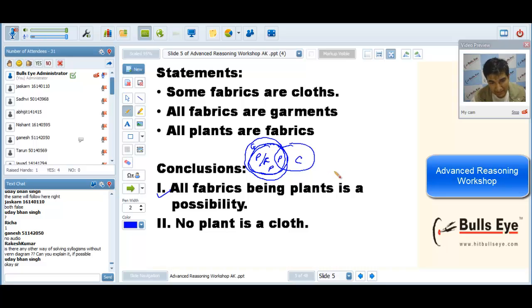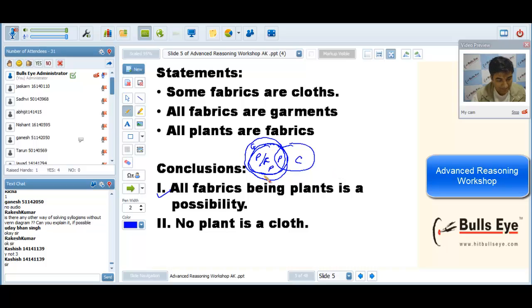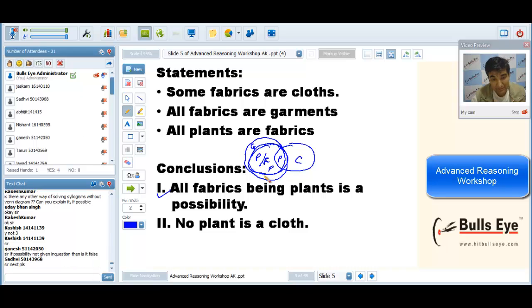Rakesh, we generally follow Venn diagram only. All other methods are too lengthy to explain. Is it okay? Okay, people. Yes, Ganesh, if the word possibility is not there, then it is false.